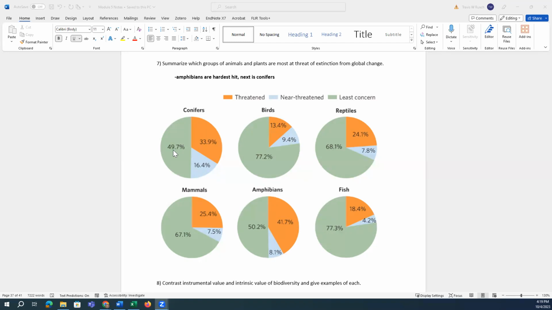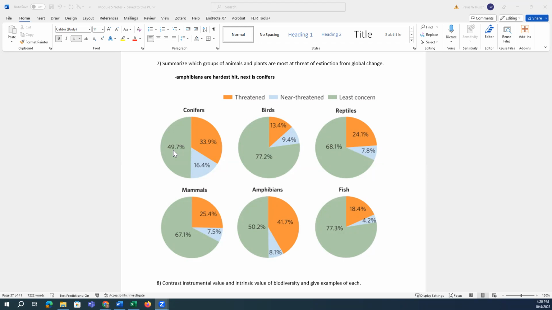So we could ask some general questions here, saying, which of these 6 groups do we think are of least concern for extinction, and why? So what do we think would be, out of the 6, the least concerning? Fish. Sure, and why would we say that?